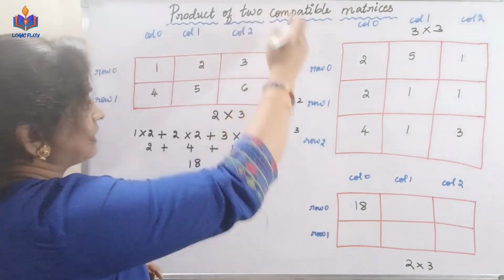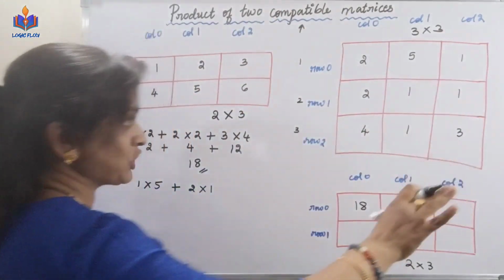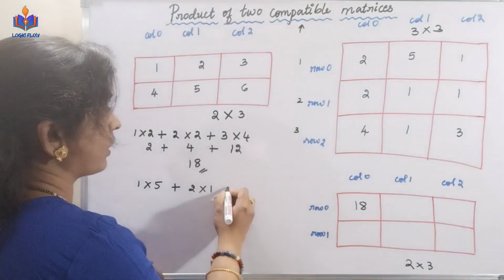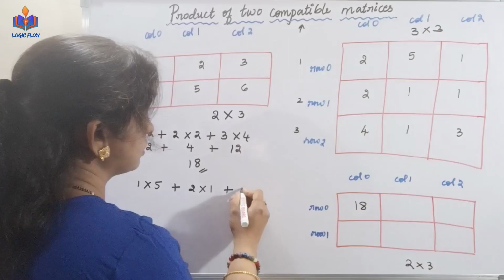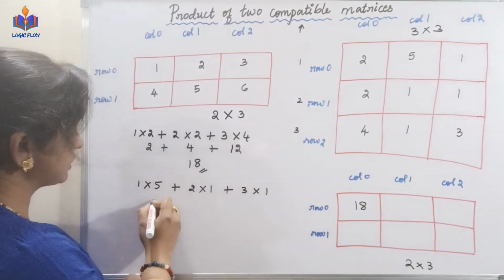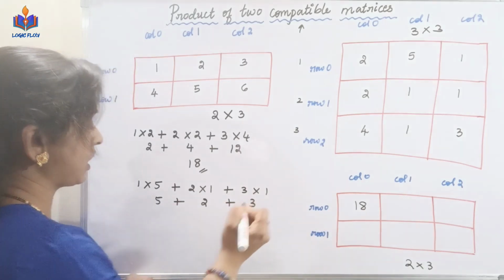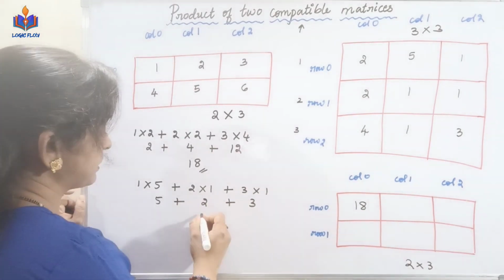You can simply bring it like this so that you can do the multiplication easily. So it is 1 into 5 plus 2 into 1 plus 3 into 1. So it is 5 plus 2 plus 3. How much? It is 7 plus 3, 10.